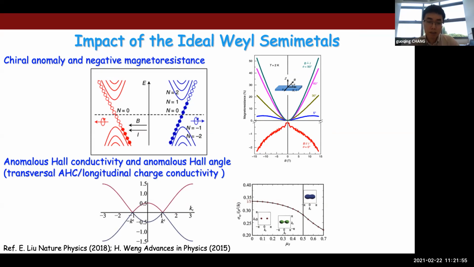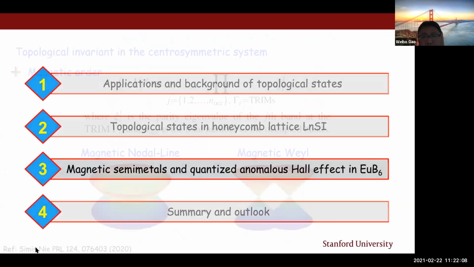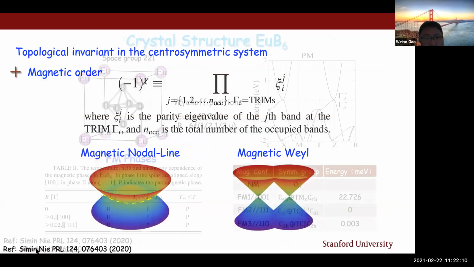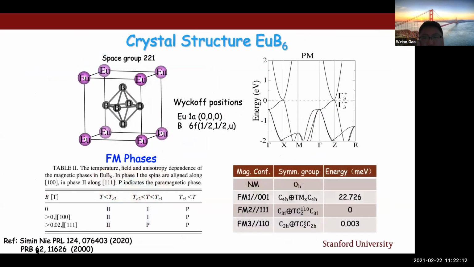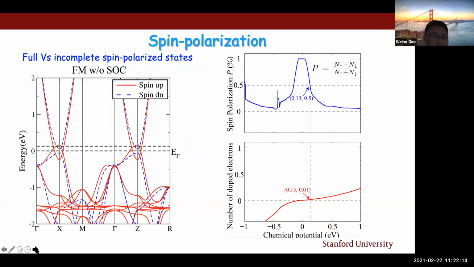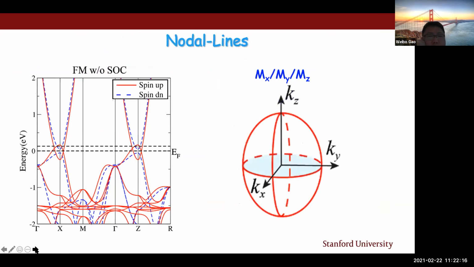Okay. Looks like Weyl has a question. Yes, I do have a question. So for this EuB6, is there an estimation for the quantum anomalous Hall temperature? The transition temperature from the gap? Is there some estimation of this critical temperature?